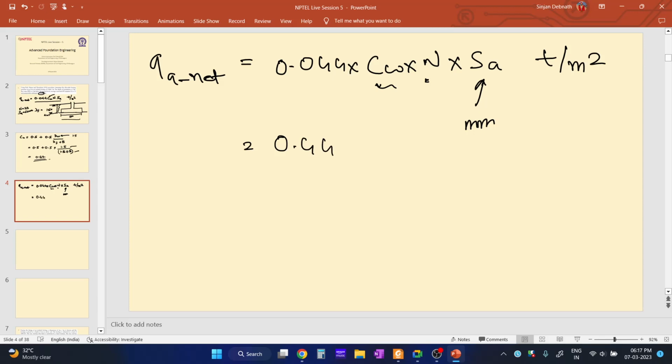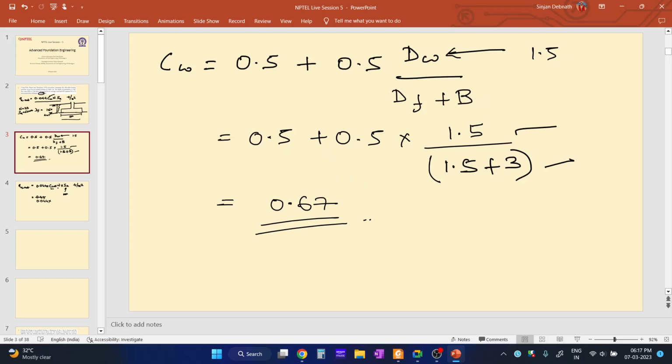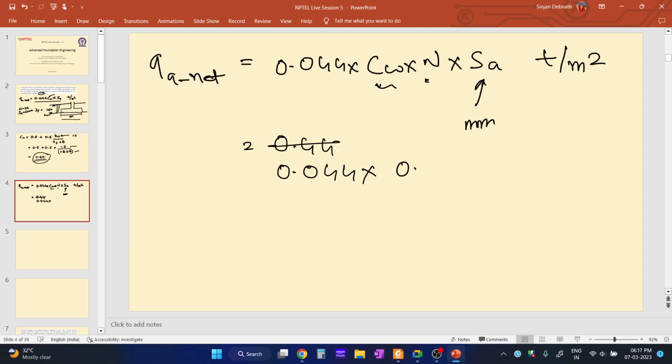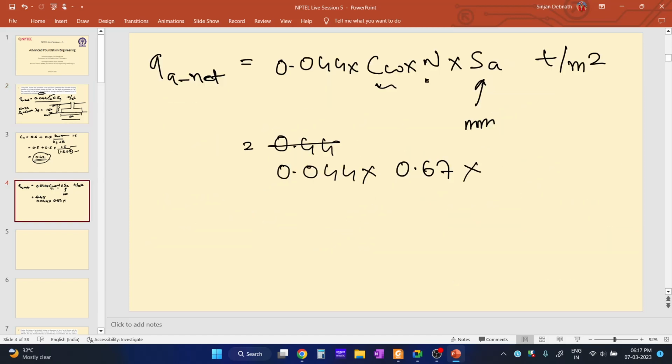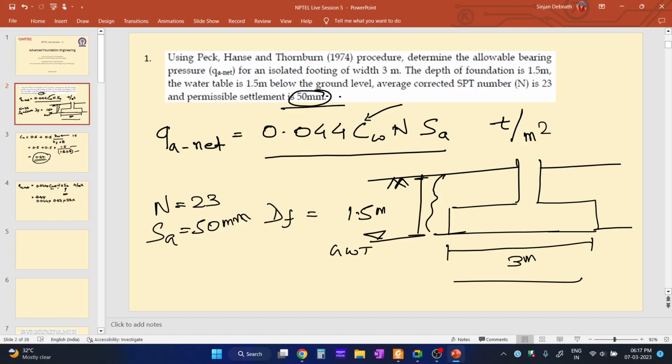So 0.044 into CW. What is CW that we got over here? It is 0.67. The value of N is 23. And what is the permissible settlement, allowable settlement? It is 50 millimeter.